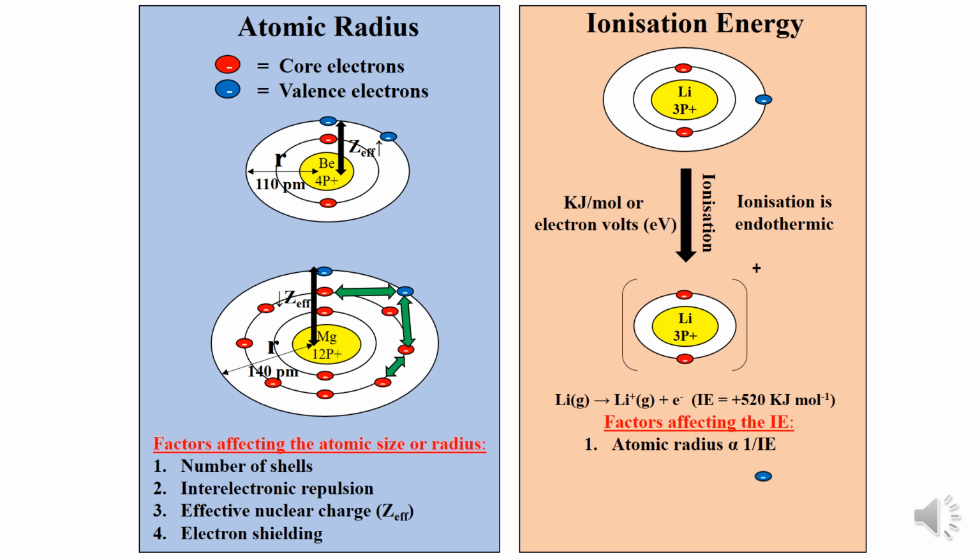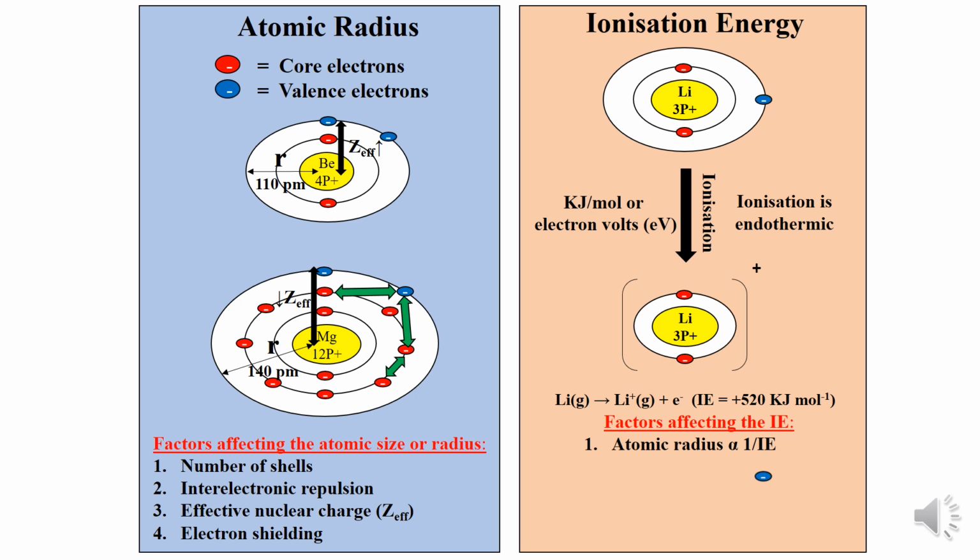The distance between the nucleus and the outermost shell is less in beryllium as compared to magnesium, and therefore the valence electrons are tightly held, not loosely held. So valence electrons are loosely held in magnesium, while in beryllium they are tightly held, and therefore more energy has to be provided in order to remove the valence electrons in beryllium.